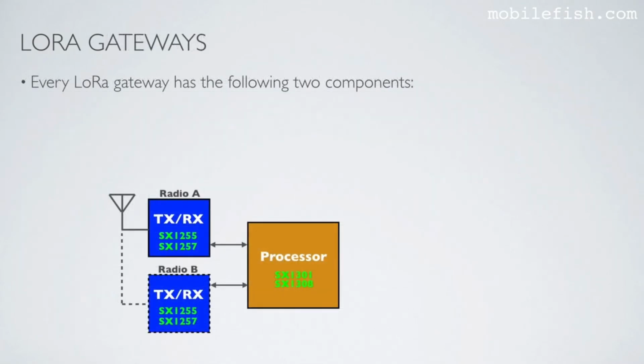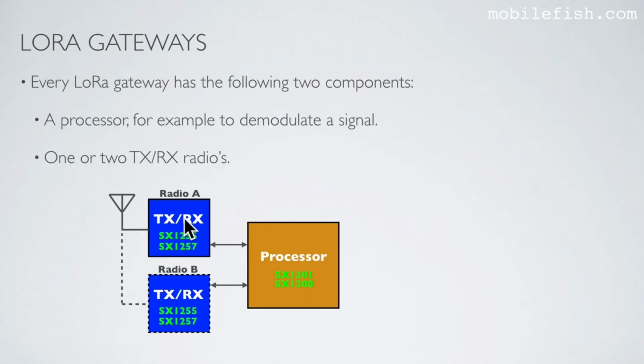Every LoRa gateway has the following two components: a processor to demodulate a signal, and one or two transmit or receive radios. For the processor, you can choose between the SX1301 and the SX1308. And for the radios, the two most commonly used types are the SX1255 and the SX1257.